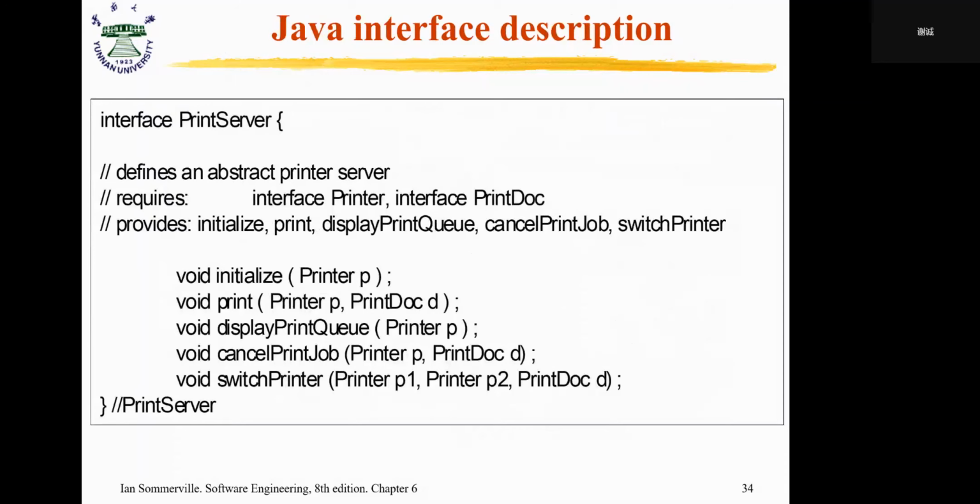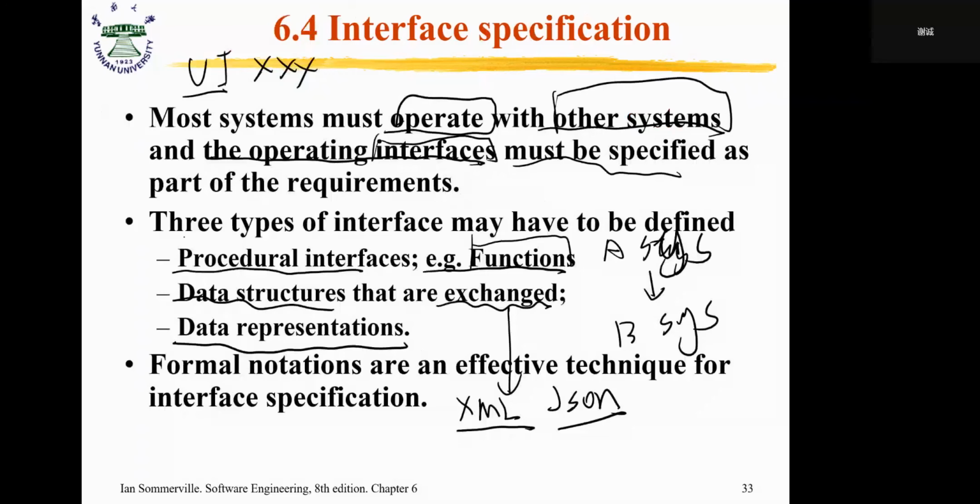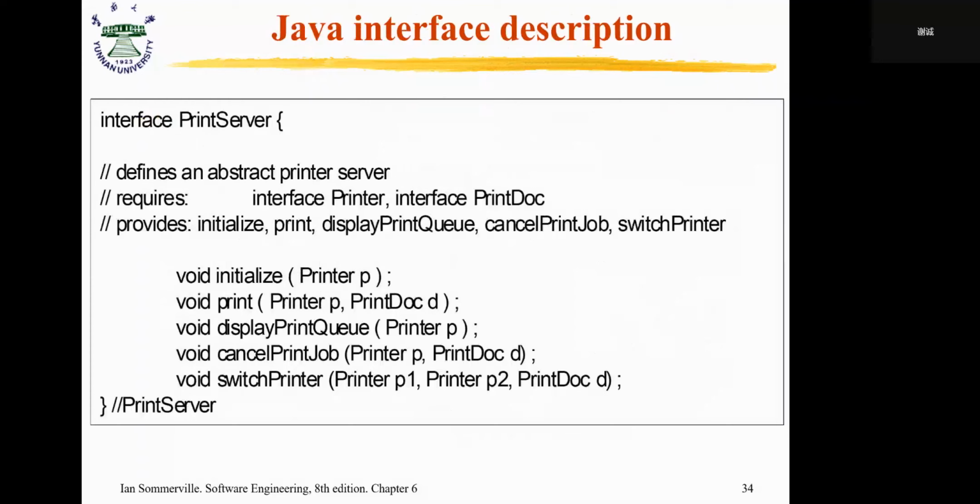Here is an example. An example of a procedural interface. This example is for printing something. How to print? This print server may be in A system, but another system, maybe B system, will use this so-called print. How can it use it?